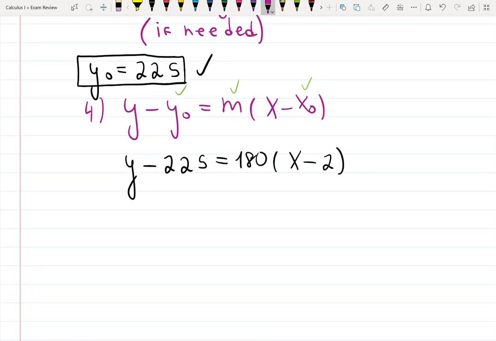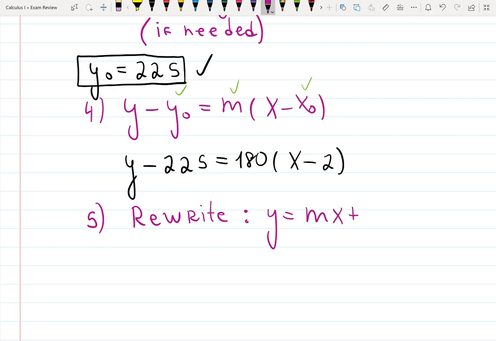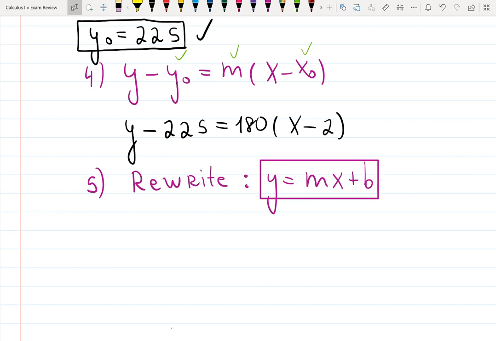Last step is not always mandatory, but I always enforce it in my classes. Rewrite as y equals mx plus b. I will tell you in a second why this form is actually better than the previous one. To rewrite, I'm basically gonna write down y equals and put everything else on the right hand side. 225 plus 180 times x minus 2.